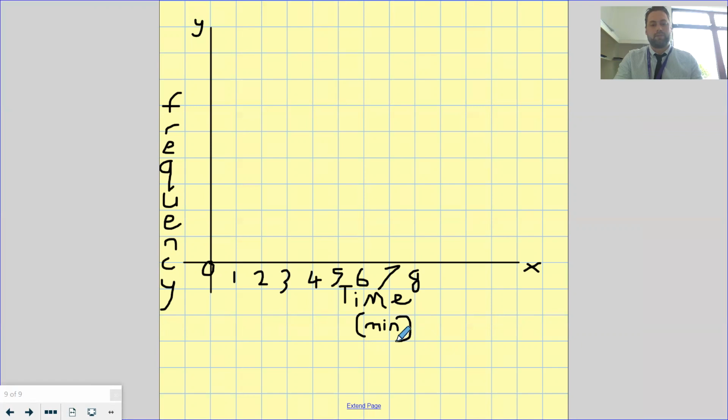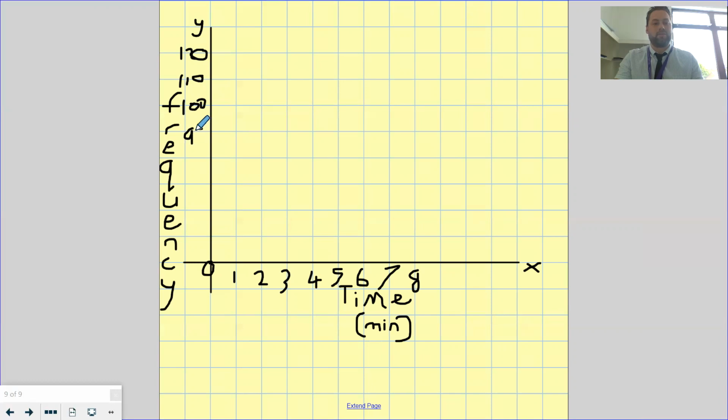And then we put that in brackets. Our frequency here, we could say, is our heart rate. So let's say we've just done some exercise and we're seeing how our heart rate is affected over time after we've done a certain amount of exercise. So up here, we could have 120, and then 110, then 100, then 90.